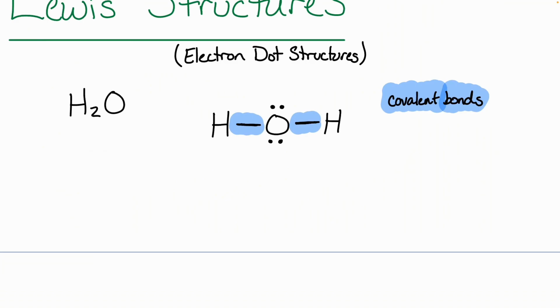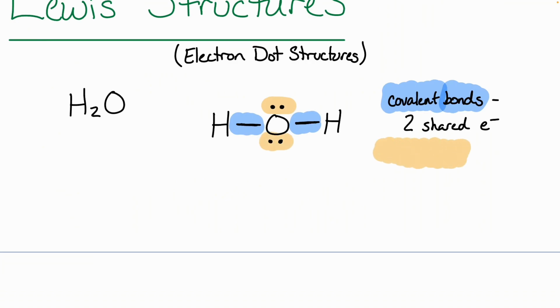Each covalent bond, each one of these lines, represents a pair of two shared electrons. So each line in our Lewis structure represents two electrons that are being shared. Again, we talked about covalent bonds, this sharing of electrons. The dots also represent electrons.